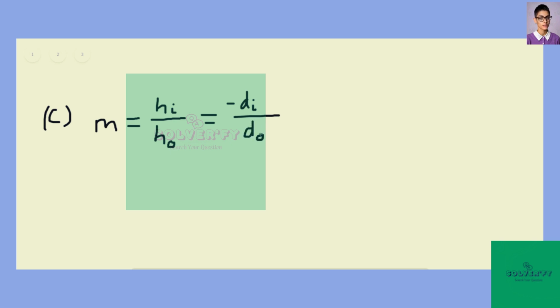Since we know everything here except for the height of the image, we can solve for the height of the image and find that it is equal to the height of the object multiplied by negative distance to the image divided by distance to the object.